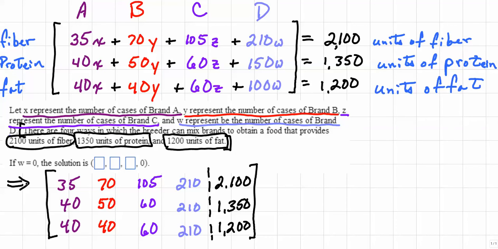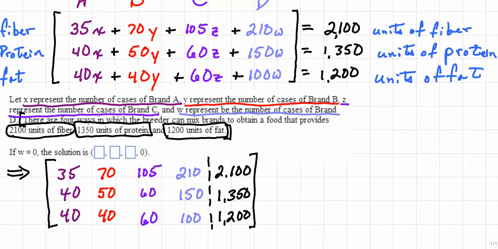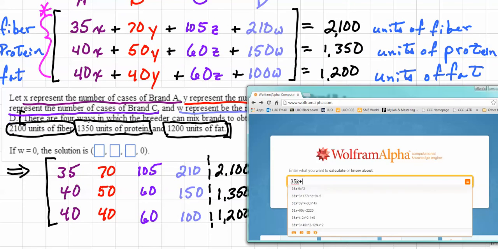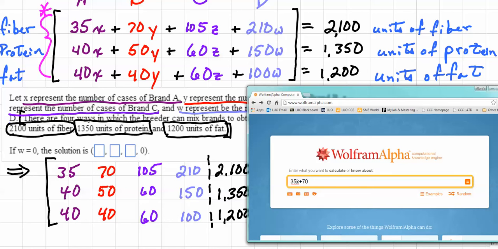However, I could use row reduction to solve this, but instead I'm going to use 35x plus 70y plus 105z plus 210w, and that will be equal to 2,100. And then we'll enter a comma to separate, and then we'll type in the next two equations.